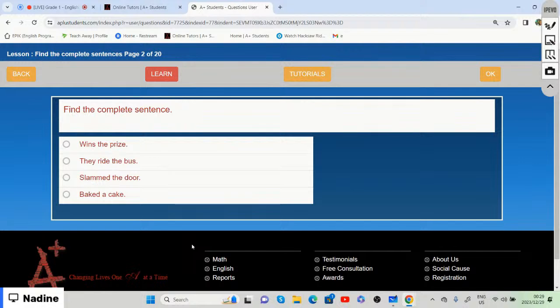It shouldn't be missing either one. It should have both a naming part as well as an action part.